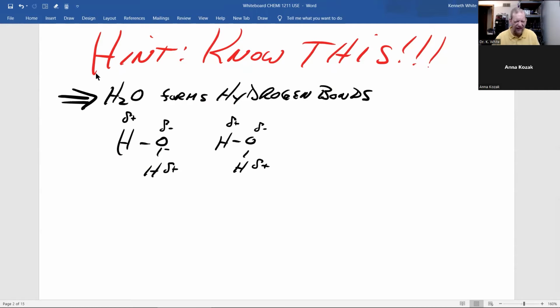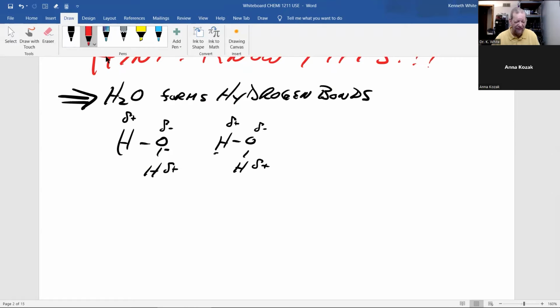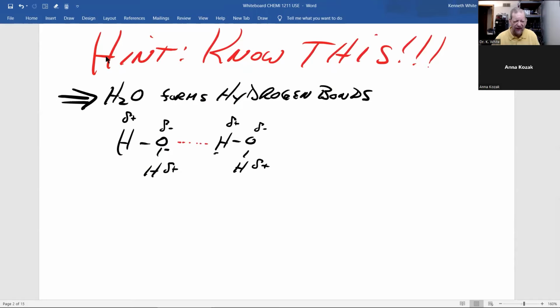And between this oxygen and this hydrogen, I can go to a fancy color now, there's a slight attraction. It's called the hydrogen bond, but it's not a true chemical bond. It's a very weak force, and you should know water can hydrogen bond with itself. And this is very important.